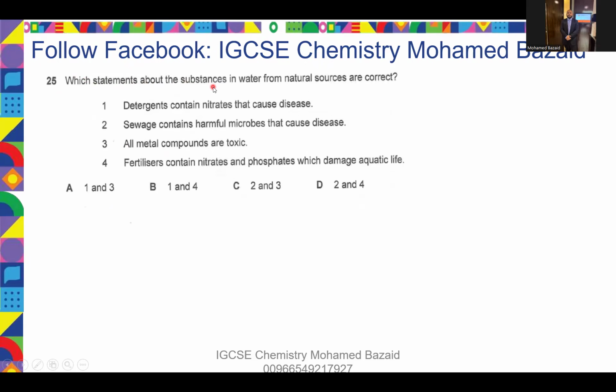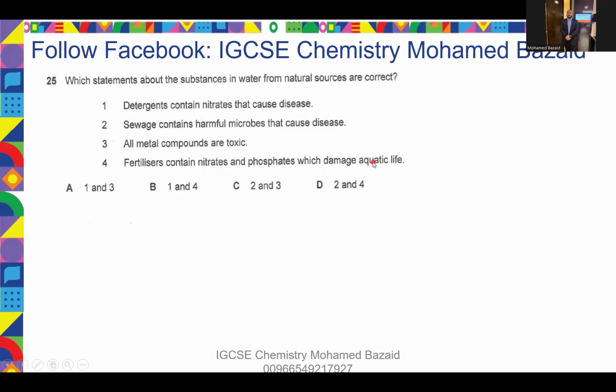Which statements about substances in water from natural sources are correct? If you read the statements, you will find number 2, it contains harmful microbes that cause disease. Yes, that's true. Number 4, fertilizers contain nitrate and phosphate, which damage aquatic life.